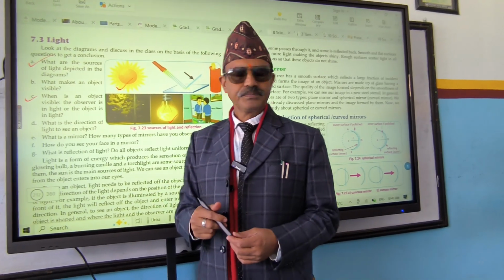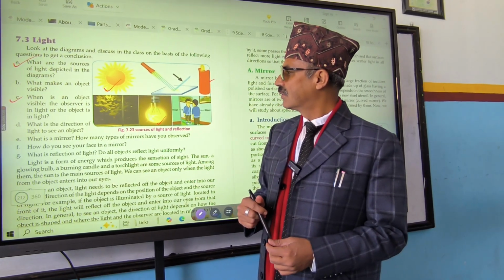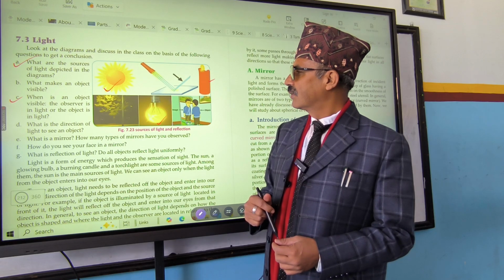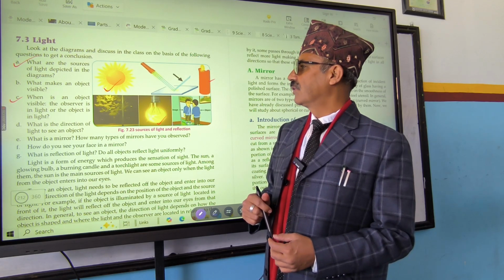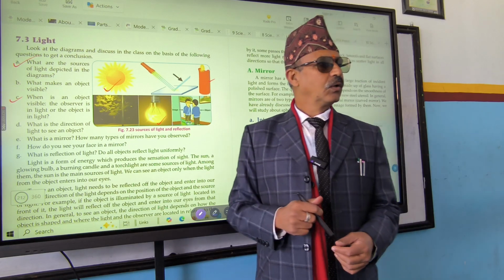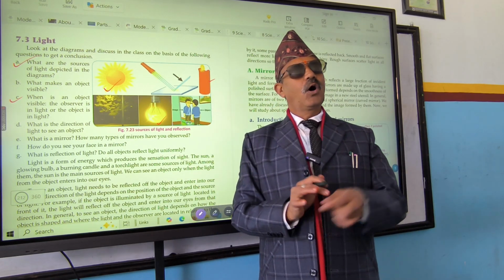What is the third question? When is an object visible? The observer is in light or the object is in light? The object should be in light.